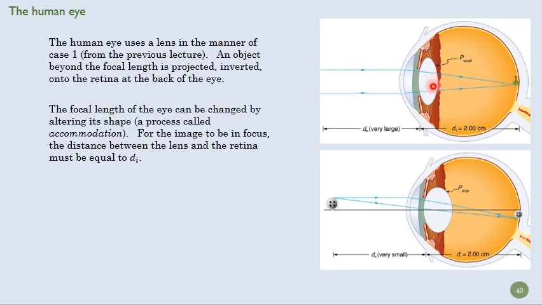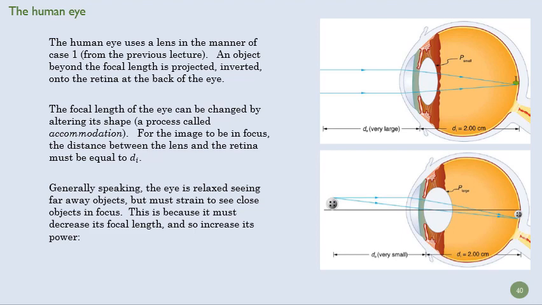So we can manipulate the lens equation, 1 over do plus 1 over di equals 1 over f. If we know what do is, that's how far the object is away, we can change f, the power of our lens, in order to make di equal to this 2 centimeters between our lens and our retina.